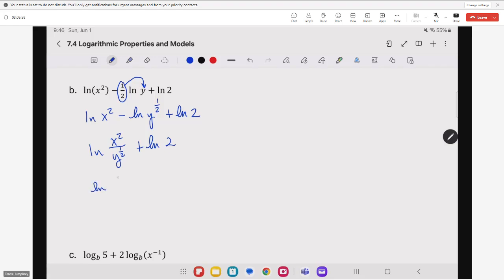And that would be ln of x squared over y to the 1/2 times 2. So that would be ln of 2x squared over, and y to the 1/2 I'm going to write as the square root of y.